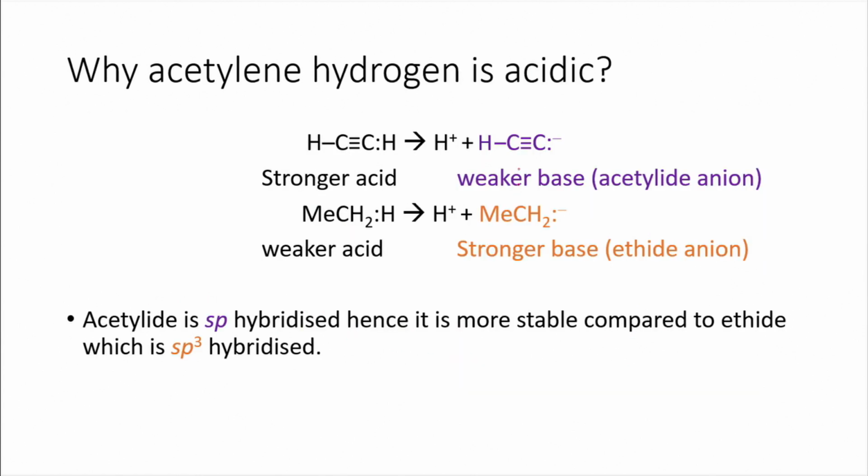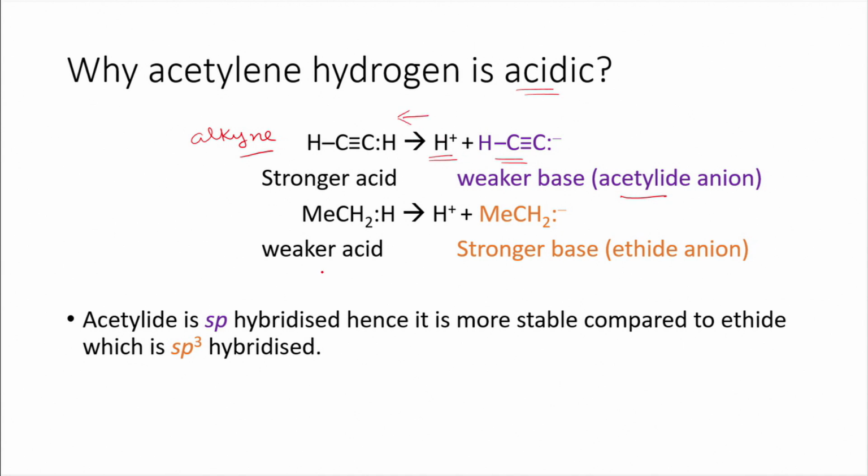Now, why is the acetylene hydrogen acidic? We can say here, when a strong acid gives away a proton, we end up with a weaker base. So, in the case of alkynes, the alkyne and the acetylide anion are formed. This is basically happening like an equilibrium reaction.